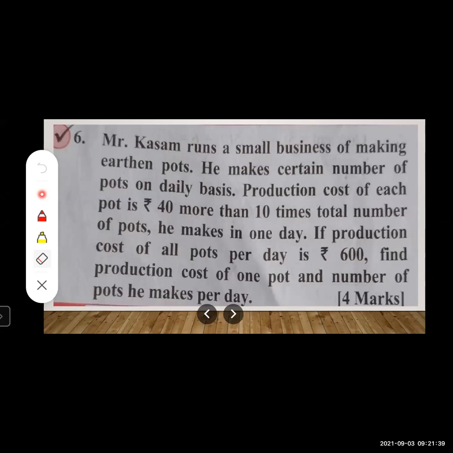Mr. Kasam runs a small business of making earthen pots. Which business does Mr. Kasam actually run? Making earthen pots. He makes a certain number of pots on a daily basis. We don't know how many pots he makes daily.